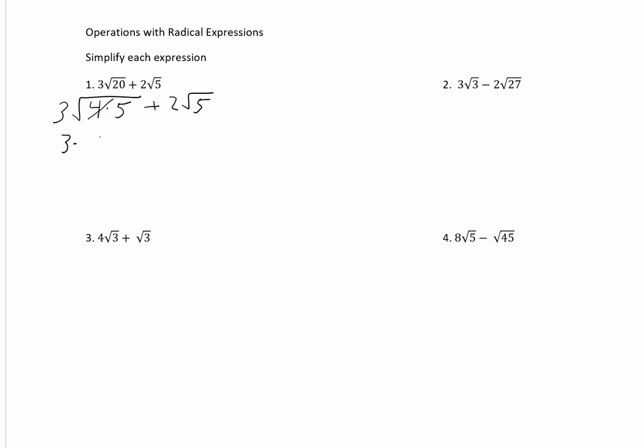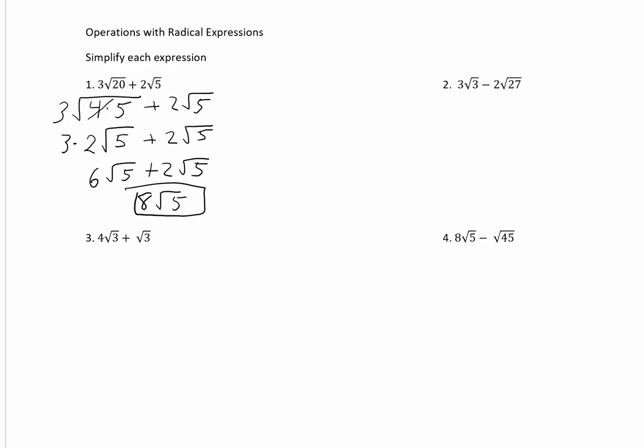The square root of 4 is 2, so it comes out of the radical, and I'm left with 5 underneath the radical. So I want to multiply 3 times 2, so I get 6 rad 5 plus 2 rad 5. And since 6 rad 5 and 2 rad 5 are like radicals, you can add them together. So I get 8 rad 5.